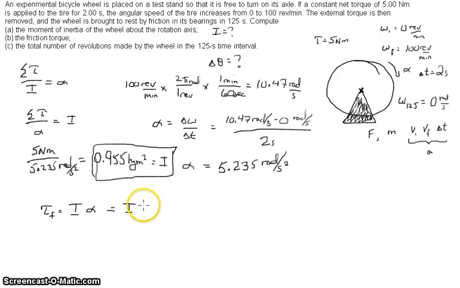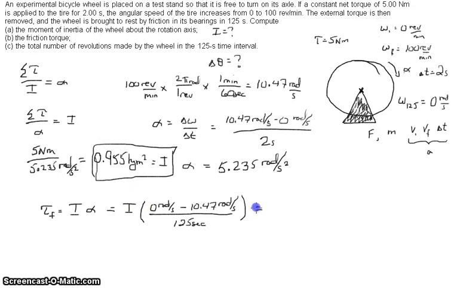So if we're looking at this, our final angular velocity is going to be 0 radians per second minus the 10.47 radians per second. That would be the speed after 2 seconds. But this is all going to occur over a 125 second time interval.